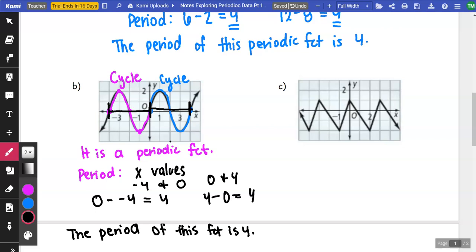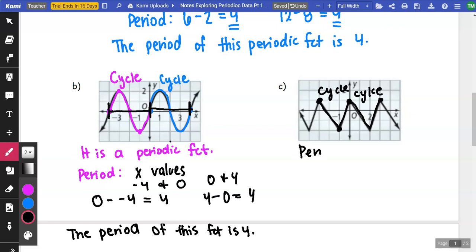So when you're ready to check, let's go ahead and talk about a cycle. When I talk about the cycles, I want to start and end with the same y value. So I have a +1 down to -2, back up to +1. And it looks like that does repeat over and over and over again. And then here's another cycle.